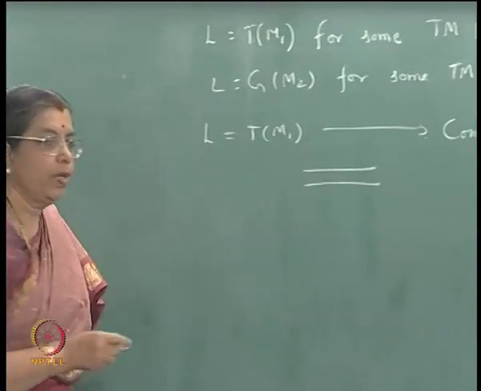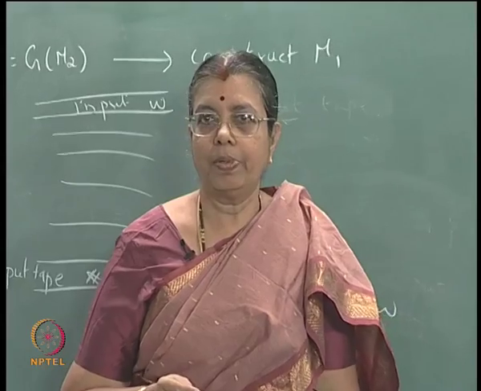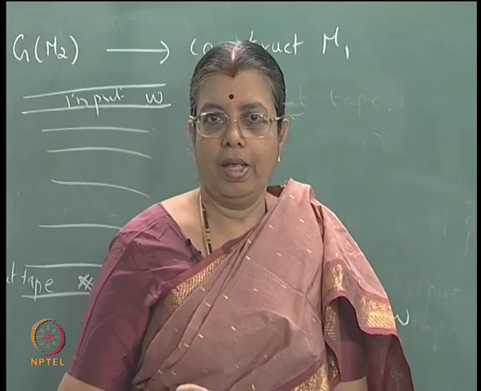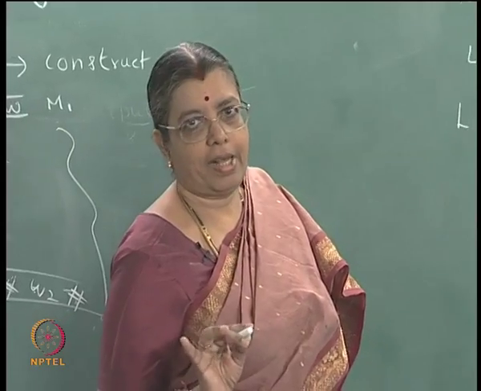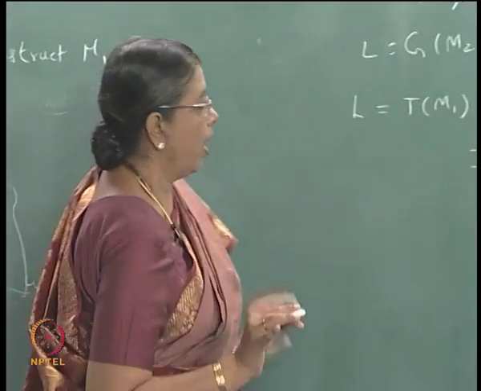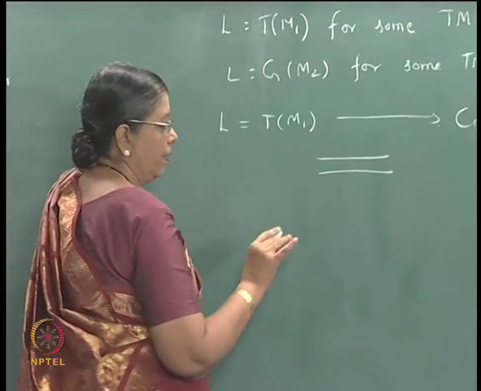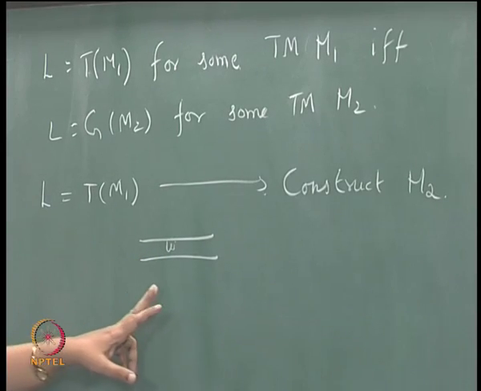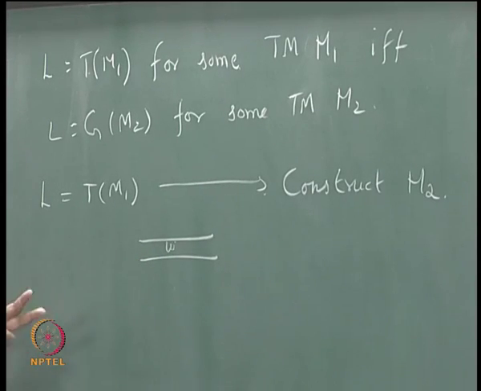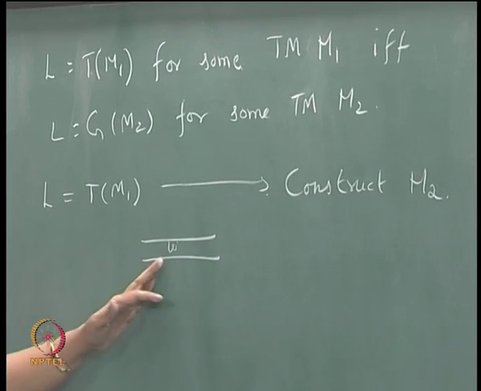If the Turing machine halts on all inputs, one by one you can take the strings. Suppose the Turing machine halts on all inputs, it is recursive, then one by one in the standard ordering you generate the strings.